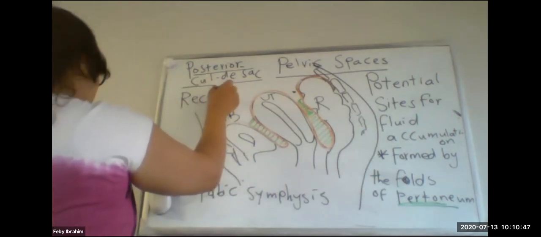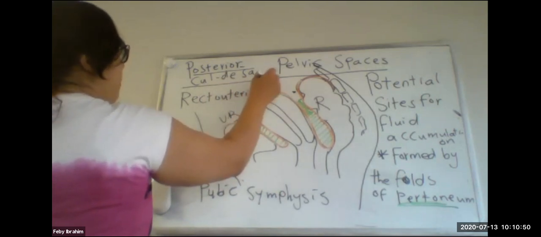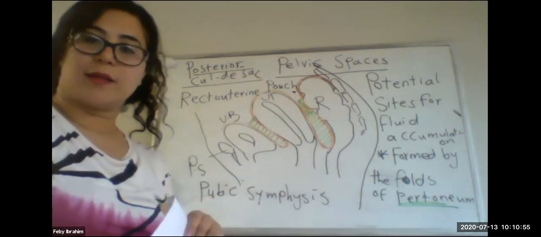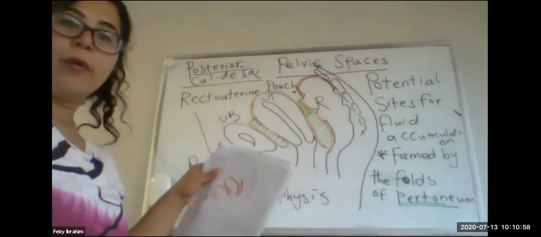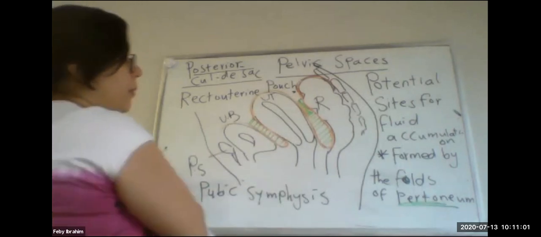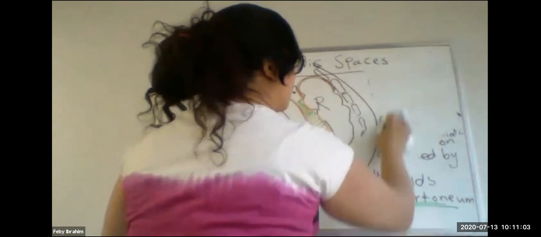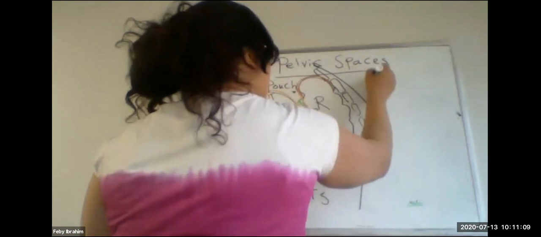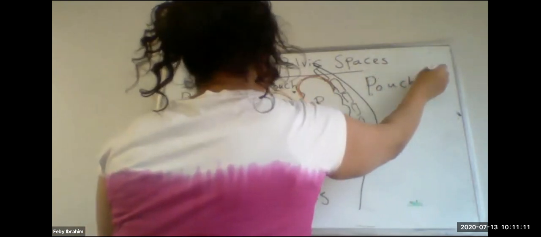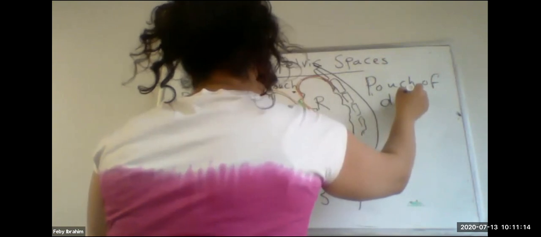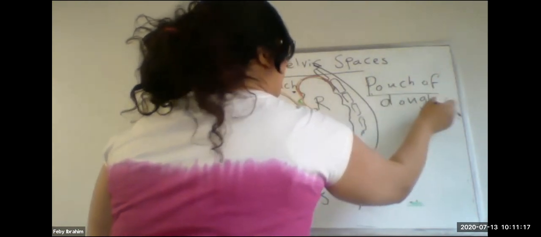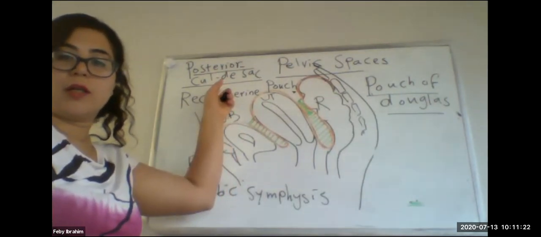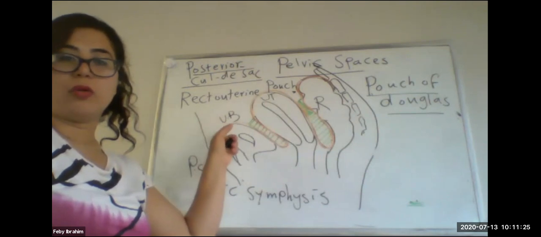It's called the recto-uterine pouch, or also known as posterior cul-de-sac or pouch of Douglas. So I'm going to write it down here. Also known as pouch of Douglas. So these are the names of the posterior cul-de-sac: posterior cul-de-sac, pouch of Douglas, recto-uterine pouch.